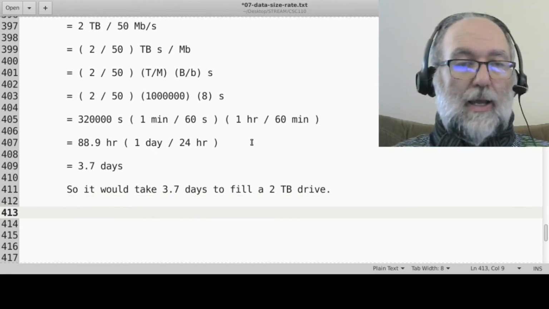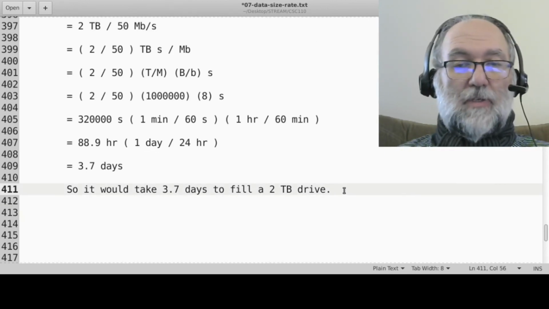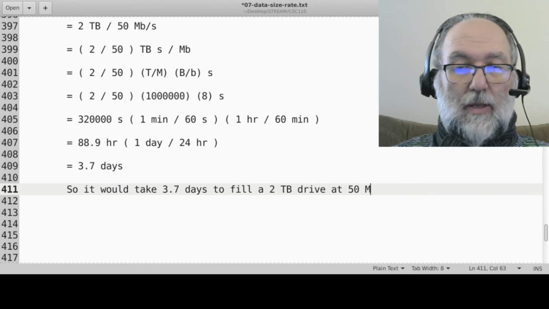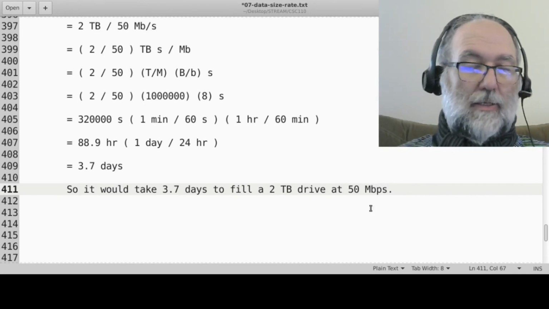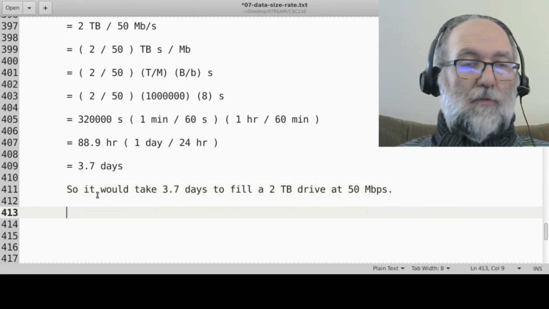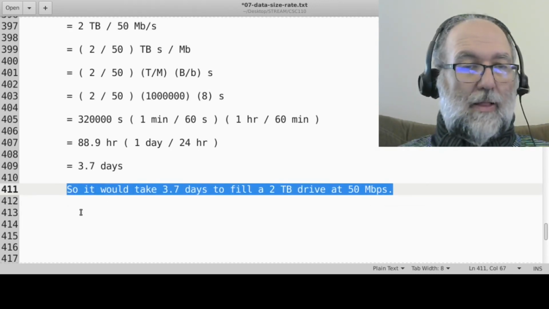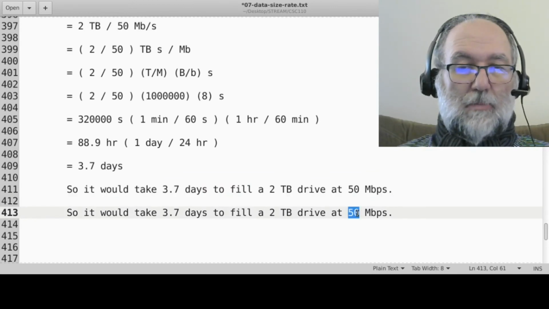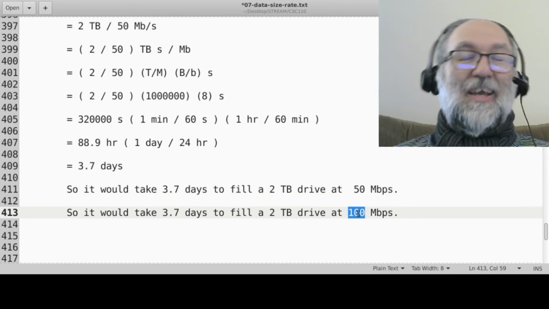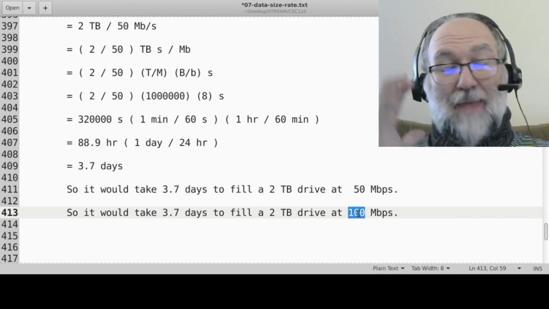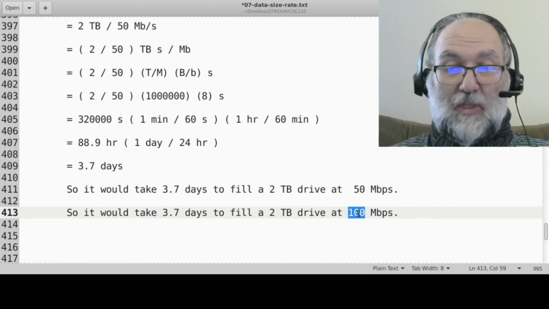I didn't ask this, but how long would it take at 100 megabits per second? Okay, so if we did the same thing again, how long would it take at 100 megabits per second? Well, if you're traveling at, I said traveling, if you're downloading at twice the speed, because I'm making the analogy in my head of driving with a car.